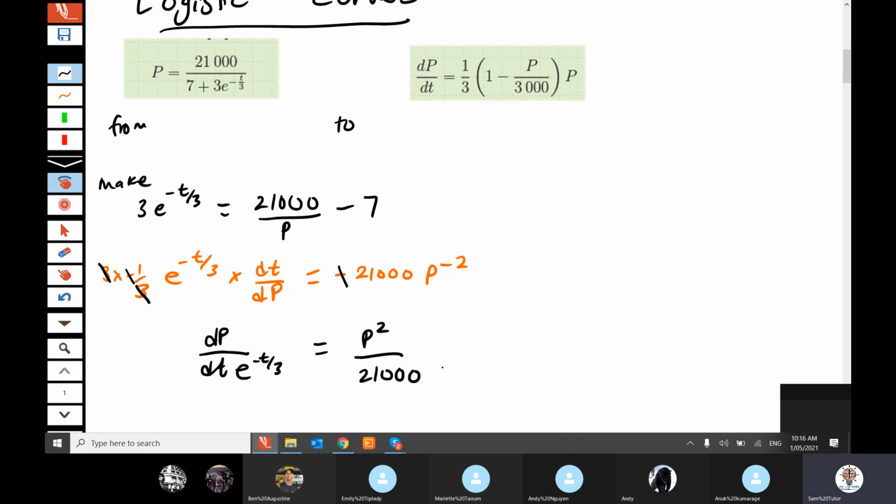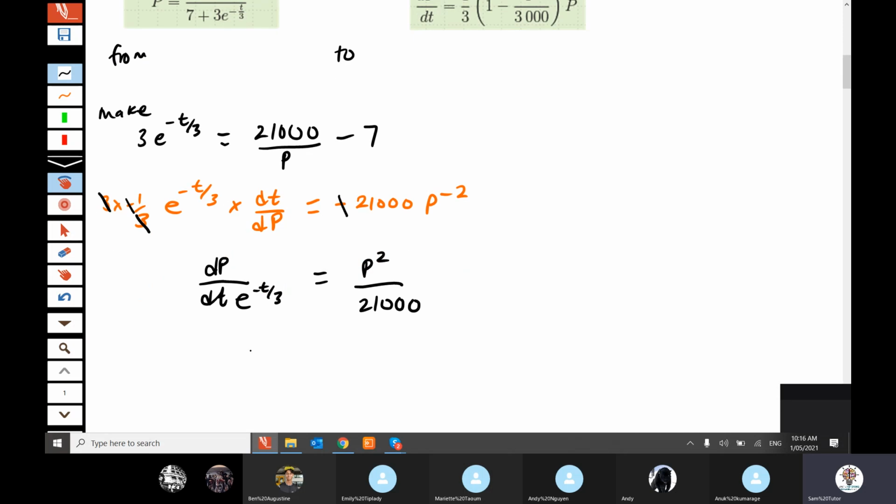So happy with that? At this stage, you multiply your e over. So dp on dt equals p squared on 21,000 times e to the negative t over 3, which you have made the subject, give or take. Obviously, there's a 3 there.